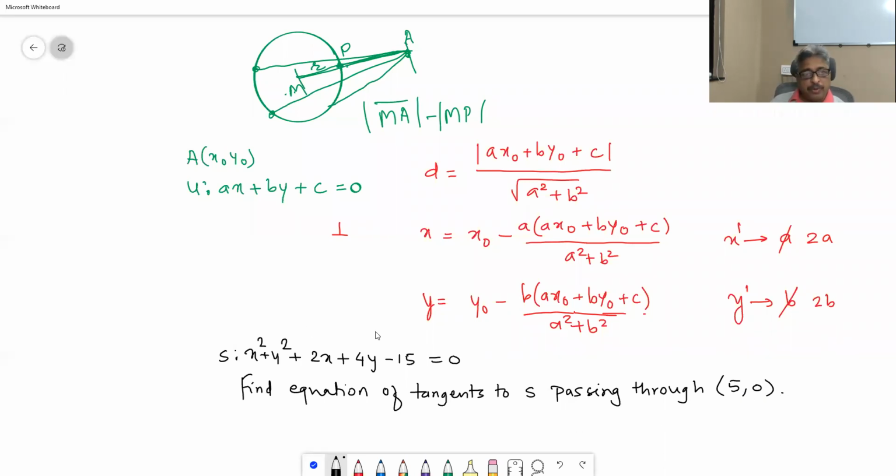I want to know how will you go about it. Circle is given, and I think the point is also given.